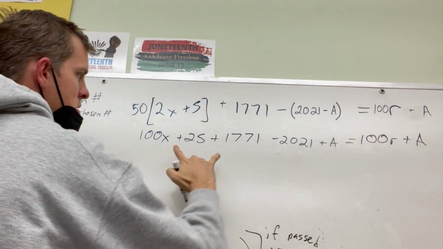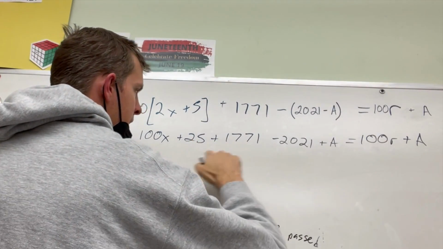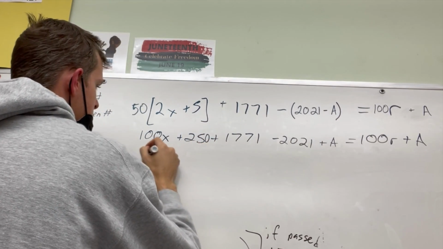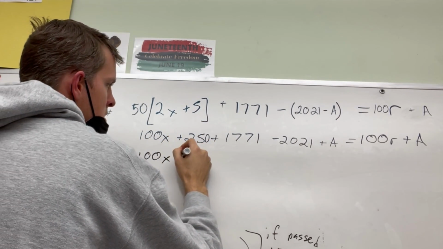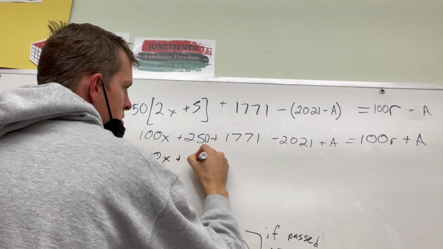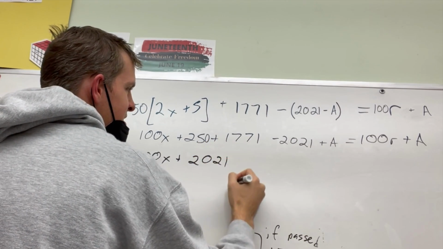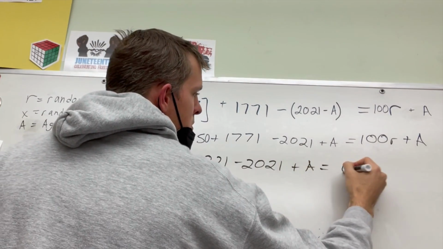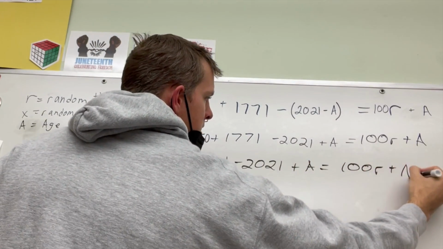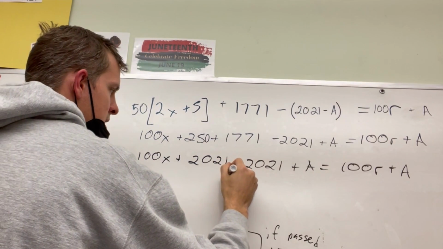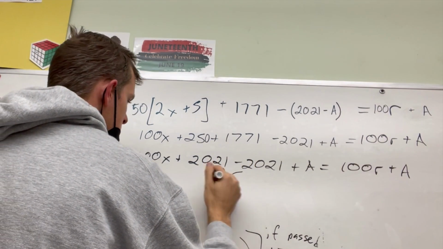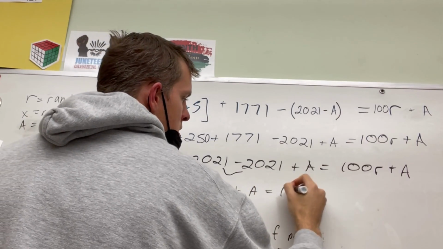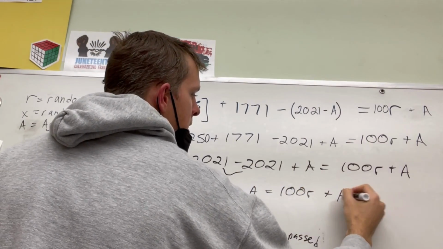Next, we're going to combine like terms, so we're going to add these all together. Oops, sorry, this should be a 250. So we got 100x plus 250 plus 1,771 minus 2,021 plus a equals 100r plus a. Cancel these out, so that goes to 0, and we get 100x plus a equals 100r plus a.